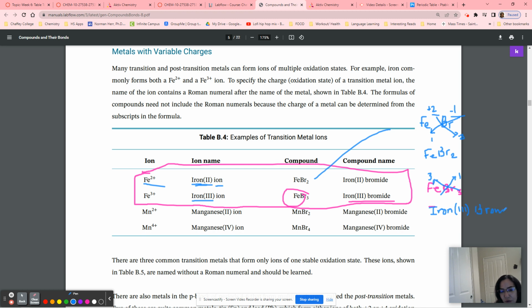Okay, we dropped the word ion. I don't know if you guys noticed that we didn't say iron 3 ion bromide, right? It's just iron 3 bromide. That's it. So whenever you're stuck and you have a chemical formula and you want the name, just do the reverse process in order to get the oxidation state from that reverse process.